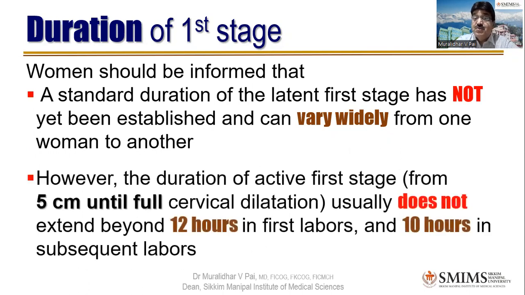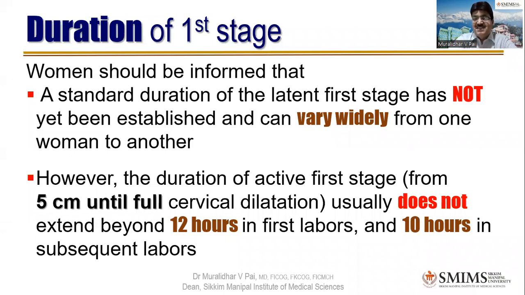However, the duration of active first stage from 5 centimeters until full cervical dilatation usually does not extend beyond 12 hours. So it's the same 12 hours we used to teach, but now what we are telling is slightly different. The 12 hours after 5 centimeters, not the total first stage.